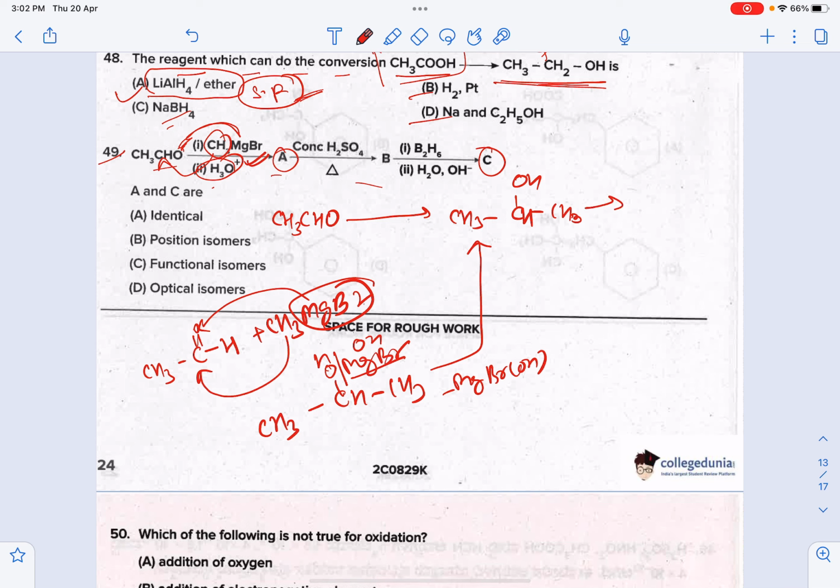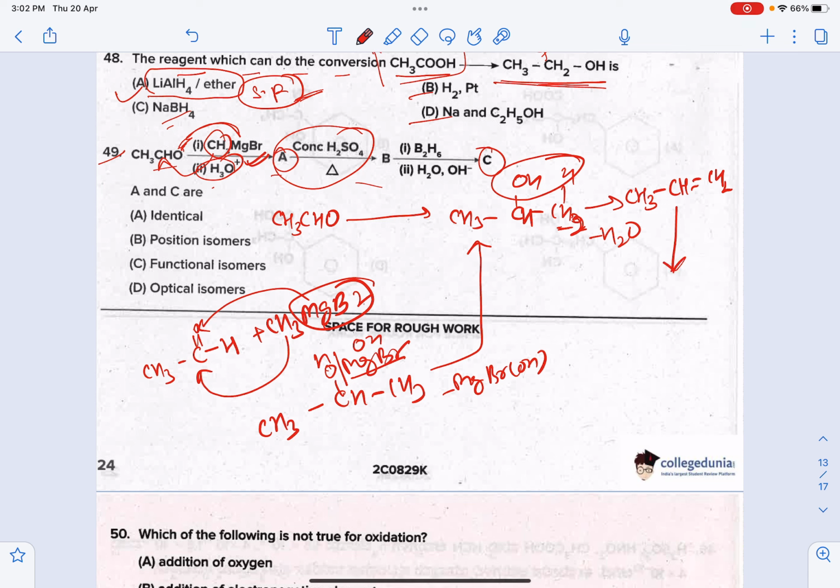Now when this secondary alcohol is treated with concentrated sulfuric acid, it undergoes dehydration: one molecule of water is removed and it forms an alkene, CH3CH=CH2.